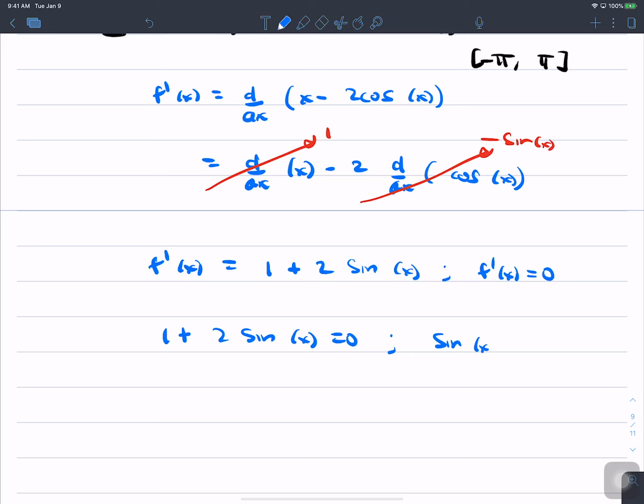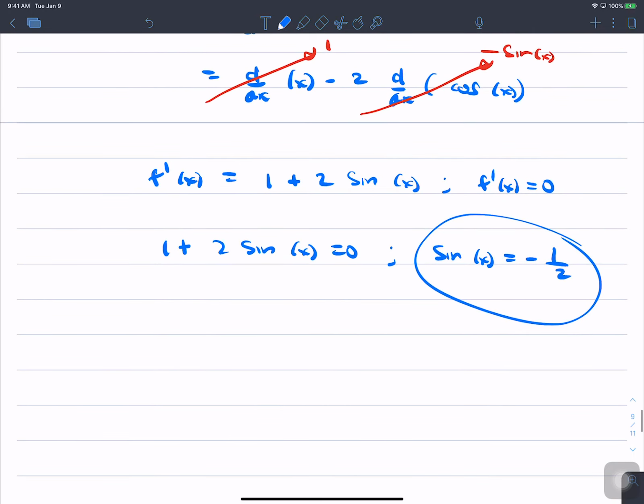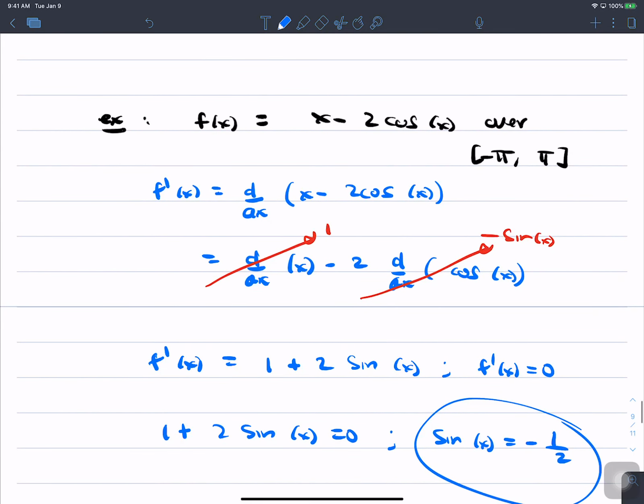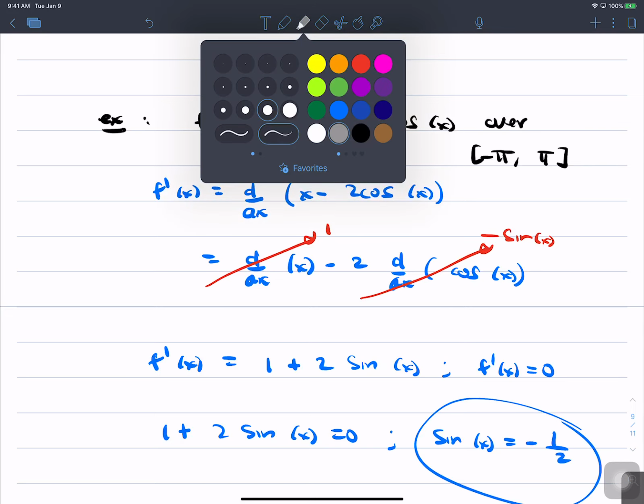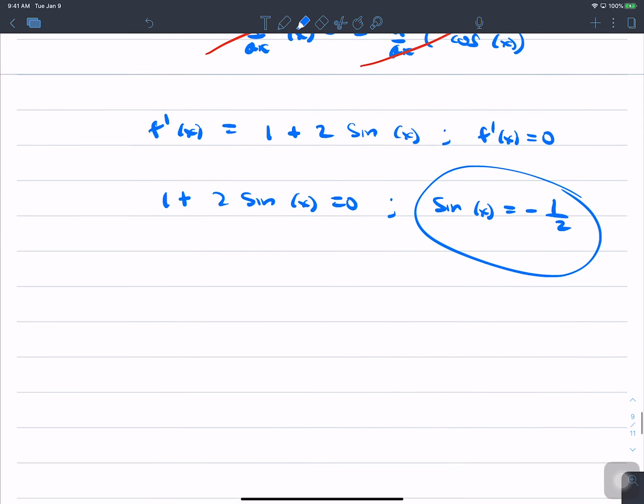Solving for sine, ladies and gentlemen, I get sine being -1/2. I'm going to have to consider how to find solutions in that interval they gave us, -pi to pi.